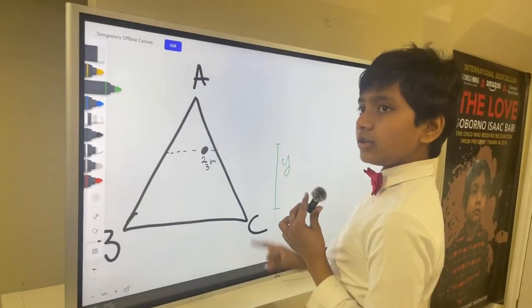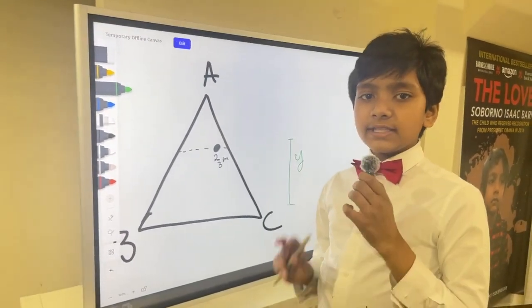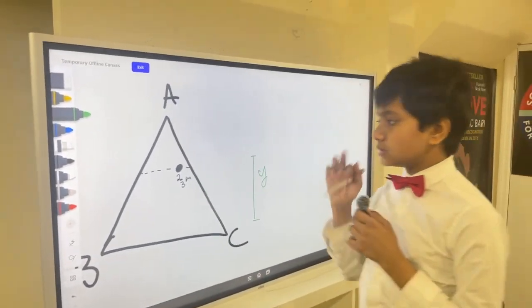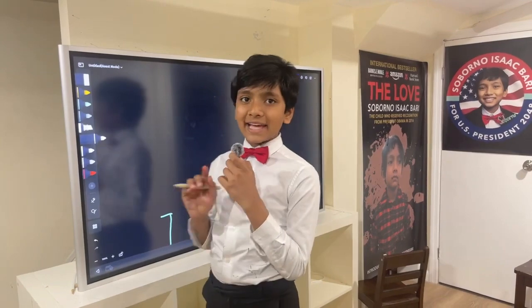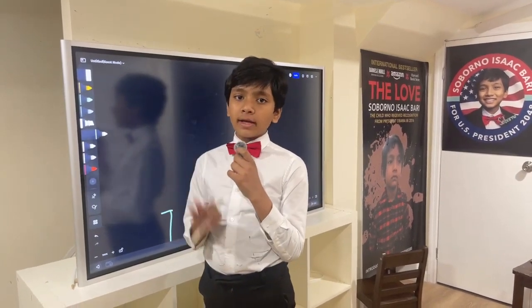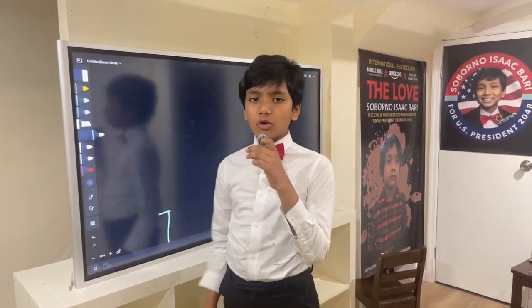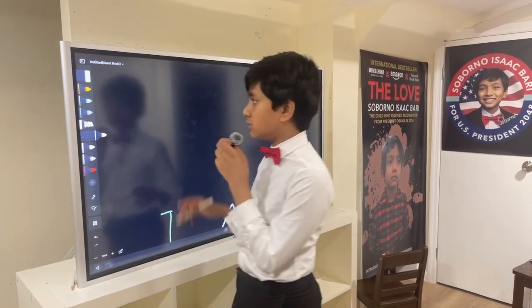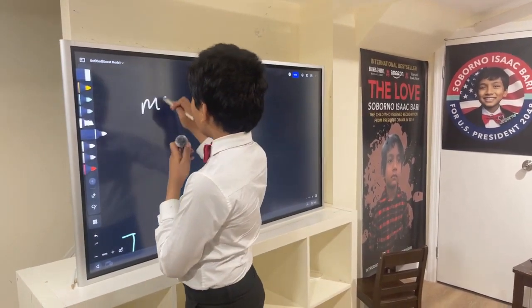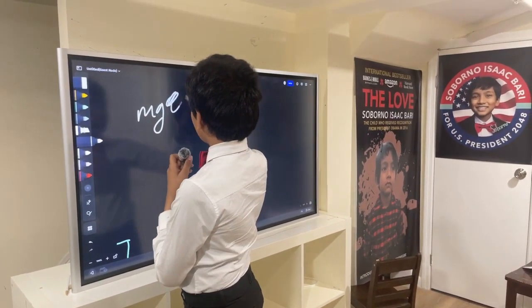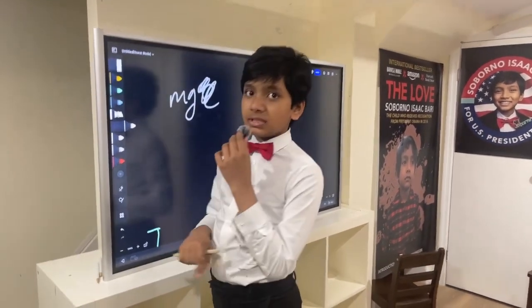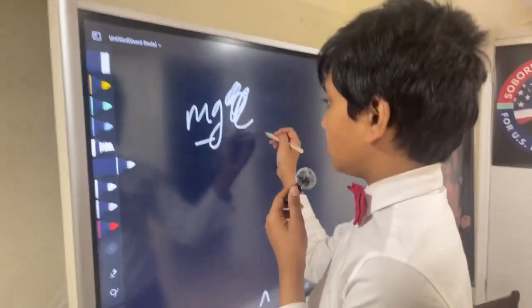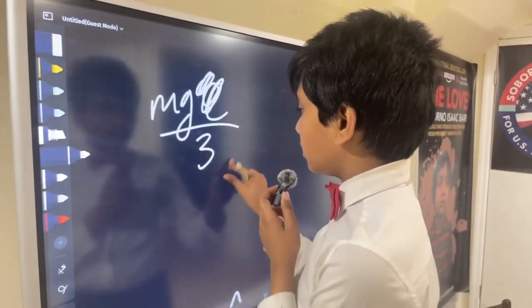Now, here's the thing. This takes a lot of intuition and skill to think of. So, what you need to do here is use a fancy little something called torque balance. Since it was a mass m in the center, all three of the legs experienced equal torque. They experience a torque that was mg times some length, which I believe is the apothem, divided by 3.